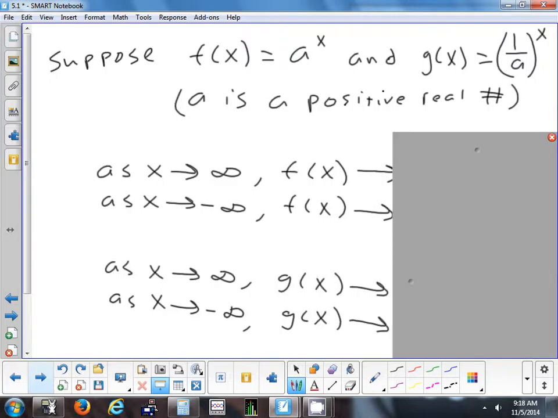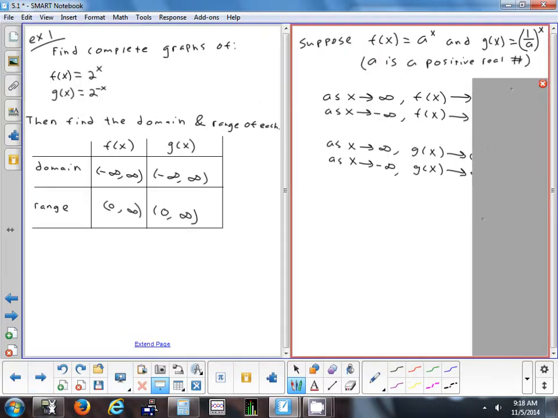So using that chart we just had, now we can kind of answer these questions. So as x is approaching infinity, okay, in f of x, what happens to y? As x gets bigger and bigger?